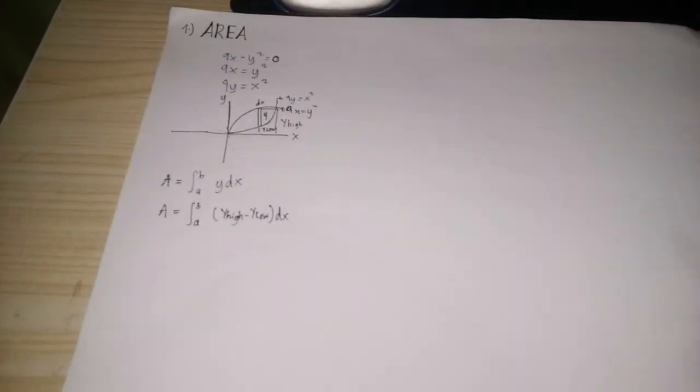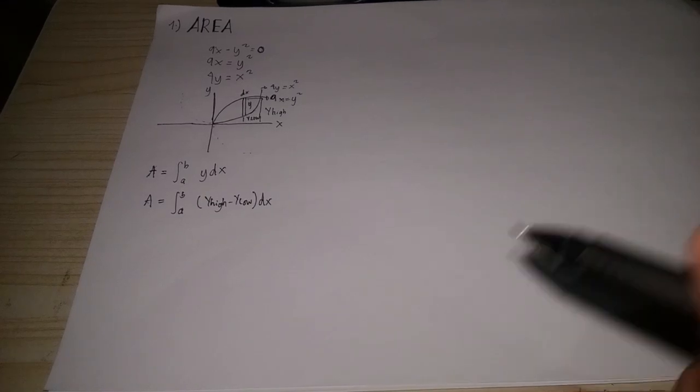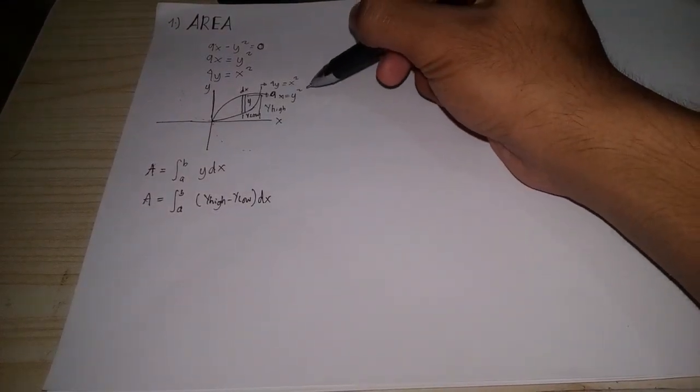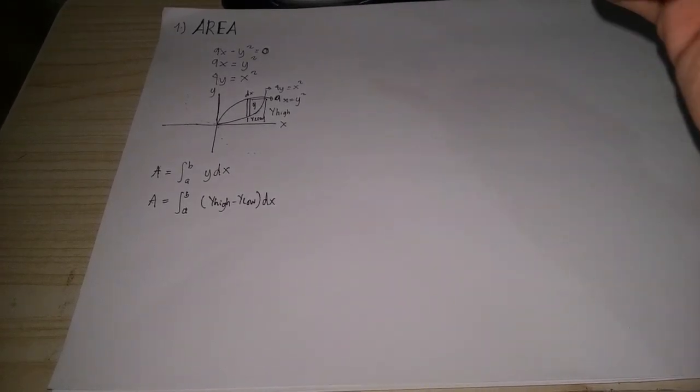That's our formula. So now the thing we should do next is, of course, to identify the y high and y low. But we already know which is the y high and y low.